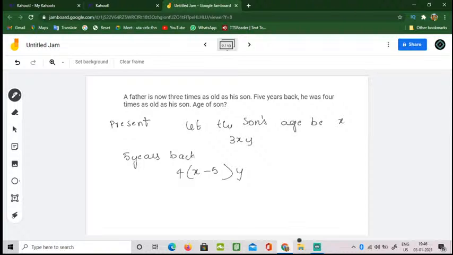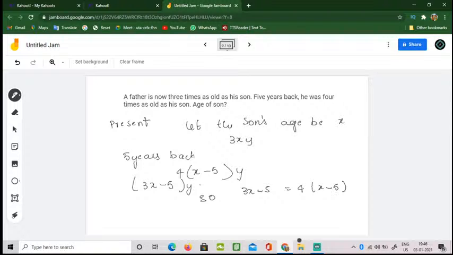5 years ago the father's age is 3x minus 5. And 5 years ago he was 4 times as old as his son. So now we have 3x minus 5 equals 4 into x minus 5.